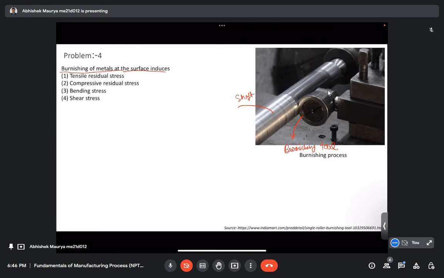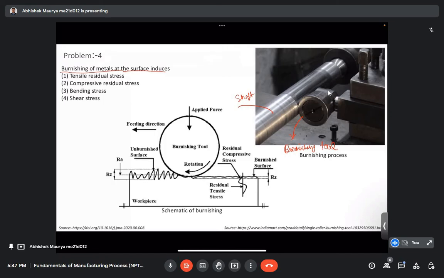So what will happen is that whatever asperities remain on the shaft surface will get plastically deformed, and surface properties will get improved. Surface roughness also gets improved, and the surface becomes hardened, so it improves the fatigue life. Now let's zoom out.